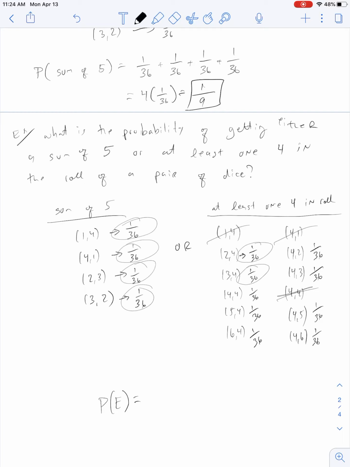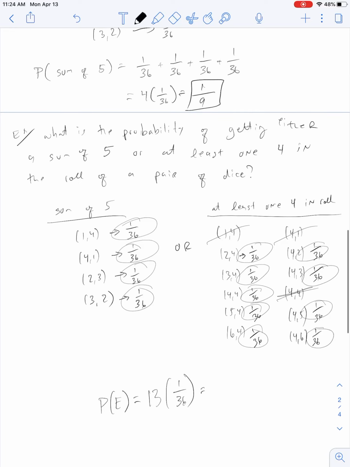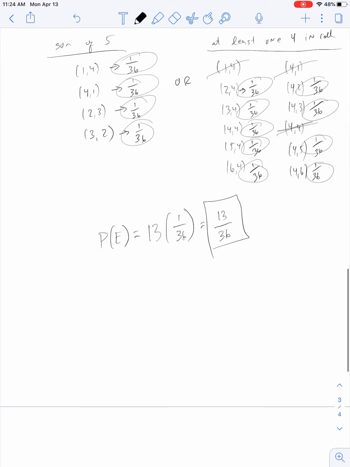We have 1, 2, 3, 4, 5, 6, 7, 8, 9, 10, 11, 12, 13, would just be 13 times 1 over 36. And we do that math, and that gives us 13 over 36. So a nice example there.